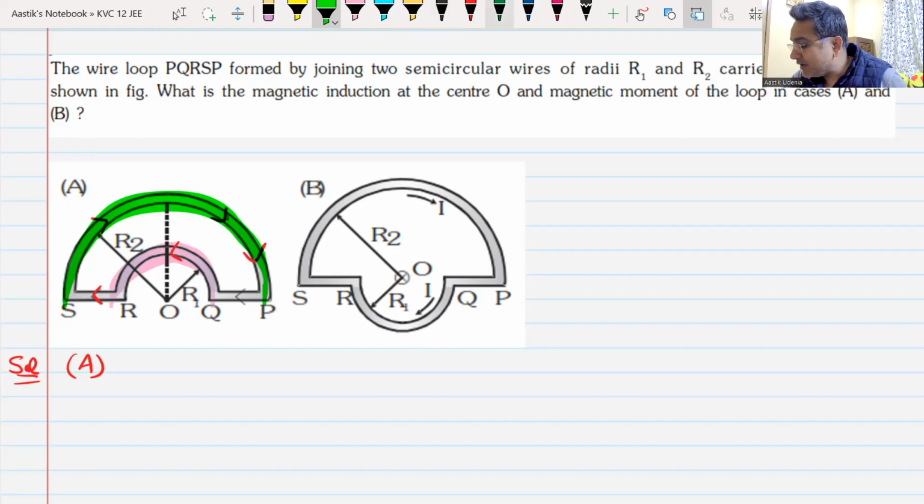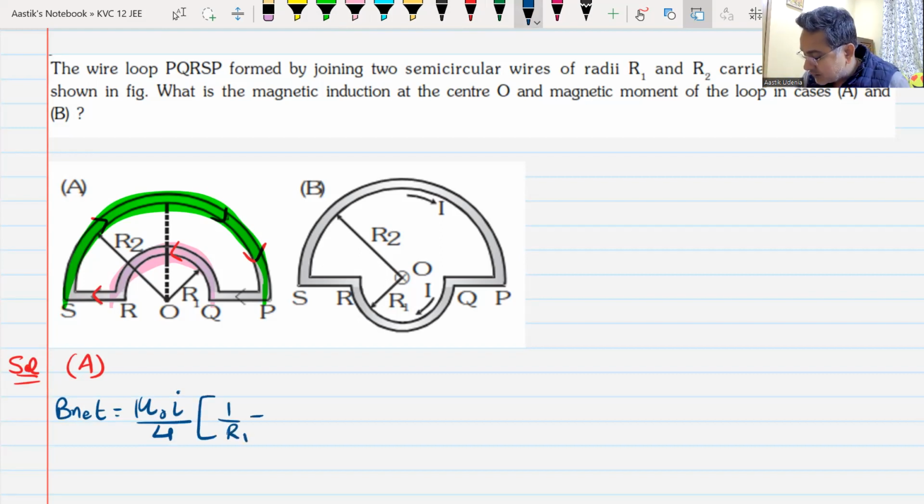So the net magnetic field, B net, will be mu naught I by 4 pi into pi, 1 by R1 minus 1 by R2, and the direction will be going outwards. Do we understand this? Yes or no?